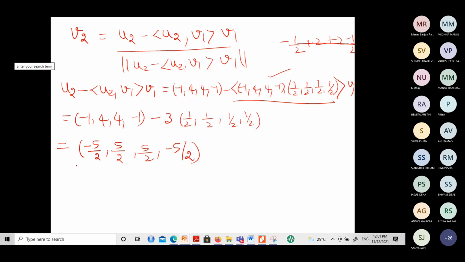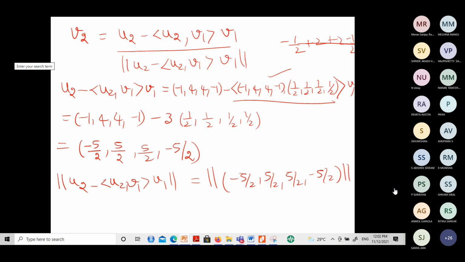Okay, so then the norm of this value I know. Minus 5 by 2, 5 by 2, 5 by 2, minus 5 by 2.